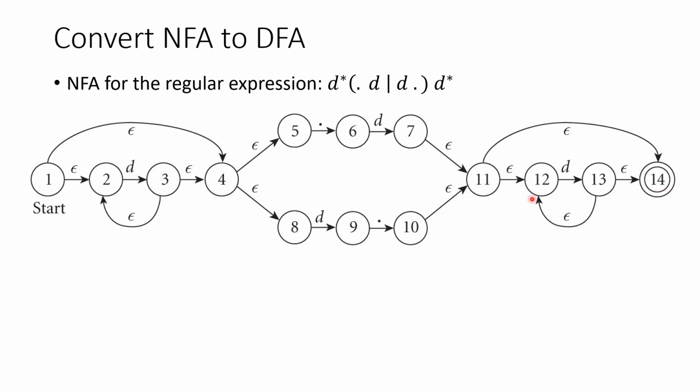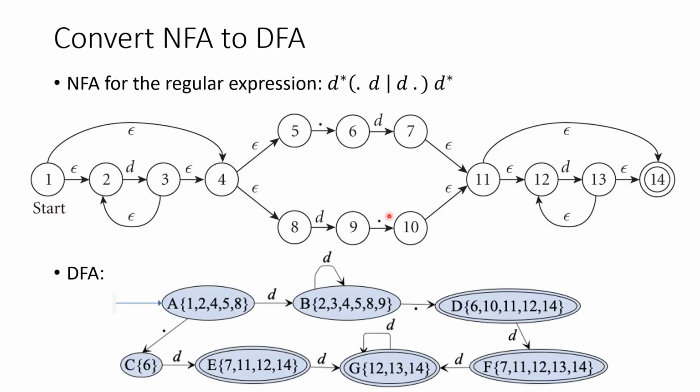Fortunately, in this case, the vast majority of those states are unreachable from the start state of the DFA. In fact, there are only 7 states that are reachable from the start state. So let's see how we discover them.